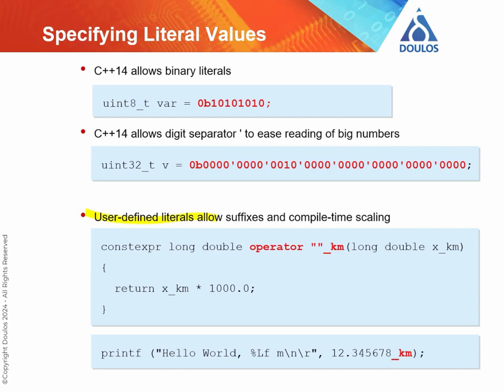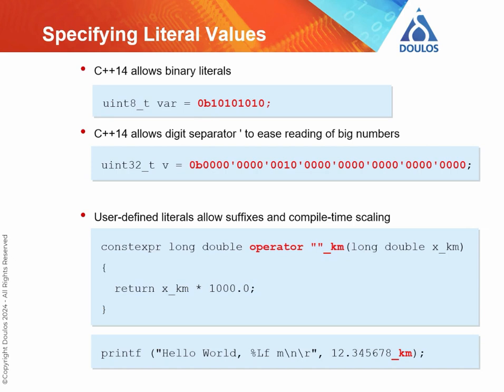For example, if we want an application where we're dealing with distances in meters and kilometers, we can declare this rather strange looking operator double quotes underscore km as a suffix that would allow us to create a value that's expressed in kilometers, and our function is going to translate that to the equivalent value in meters by multiplying by 1,000. Then we can use that anywhere we've got a literal that's going to represent a value in kilometers.